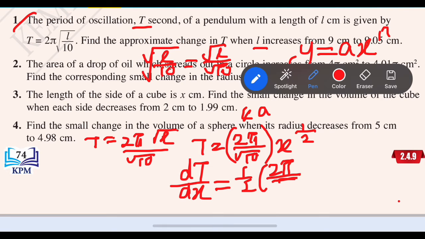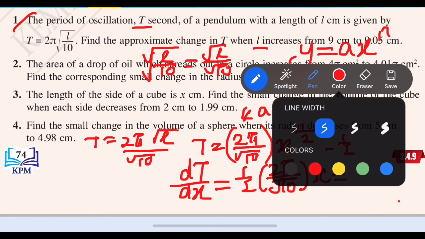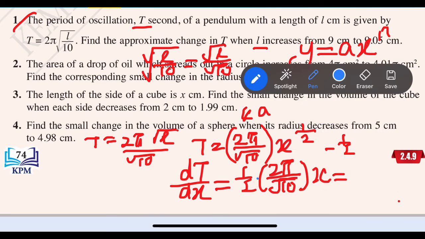Then 1 over 2 times the constant, which is 2 pi over square root of 10, times x to the power of half minus 1, which is negative half. So that is how you differentiate t with respect to L, dt/dL, which shows how the period changes with the length. So the two variables change in this way.